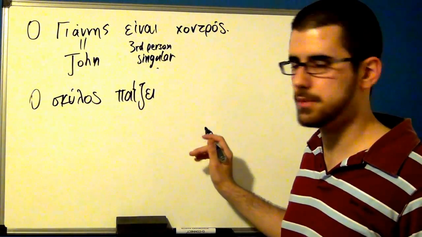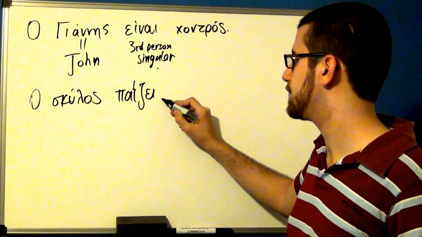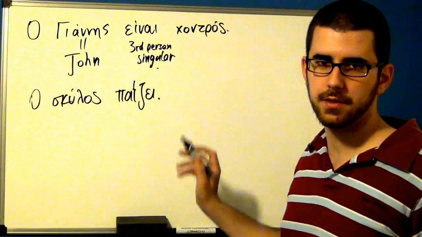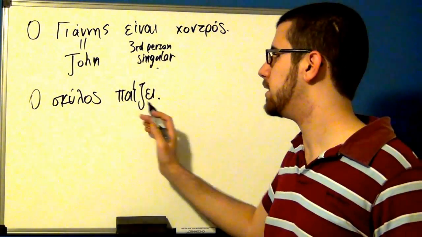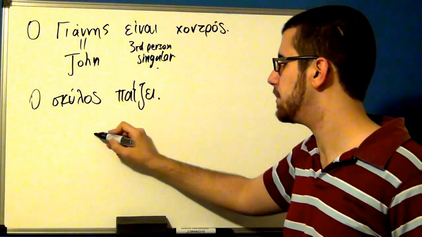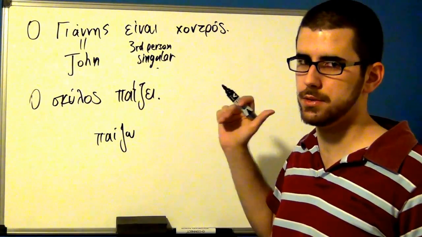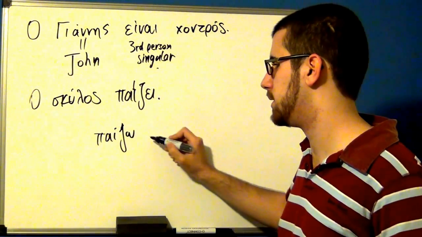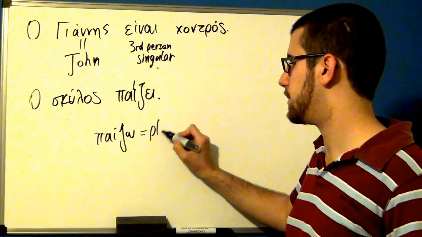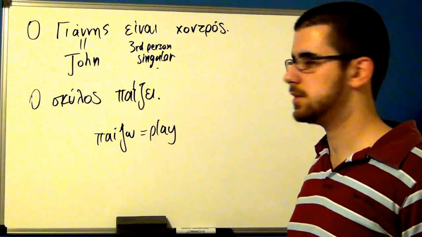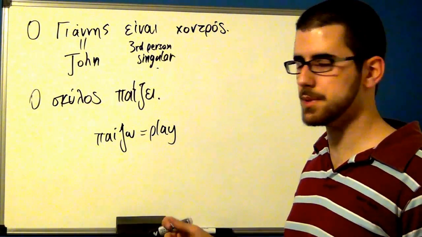Well, this can be a sentence in itself. Let's say full stop. The dog is playing. The dog plays. Παίζω. It's a regular verb. Do not get confused if you check out the patterns. It's exactly the same. Παίζω is play. Παίζω, παίζεις, παίζει, παίζουμε, παίζετε, παίζουν.